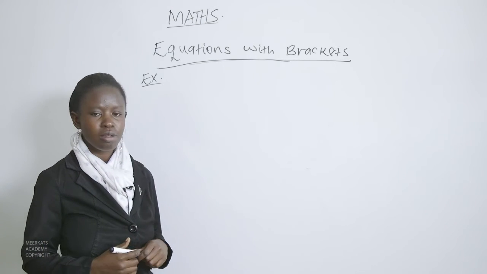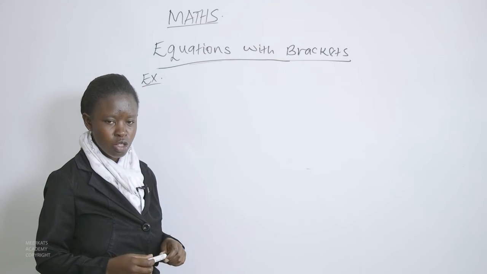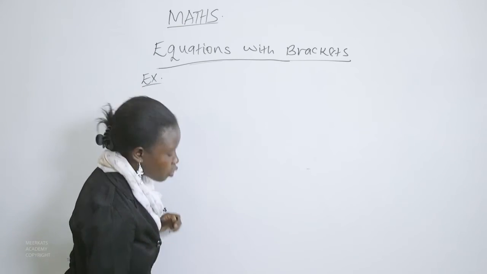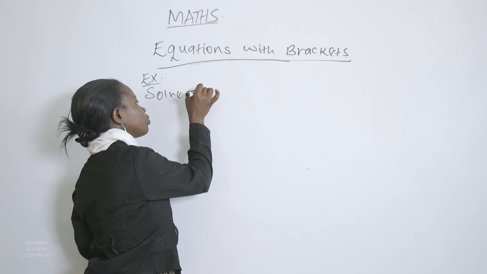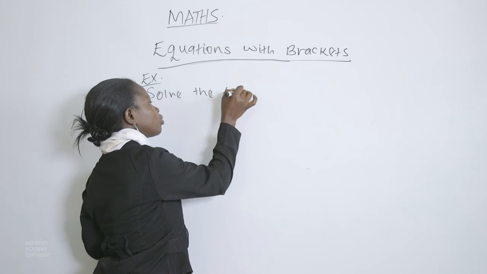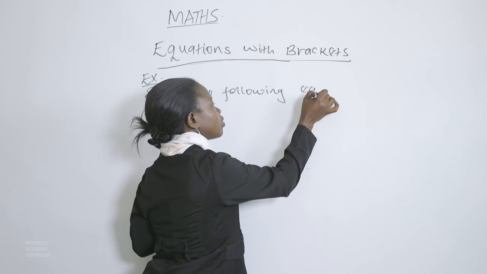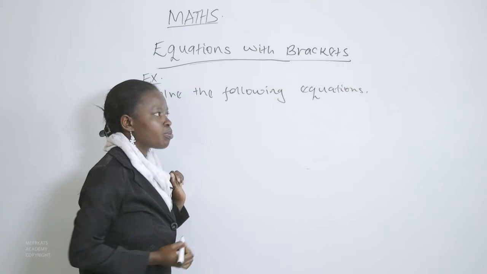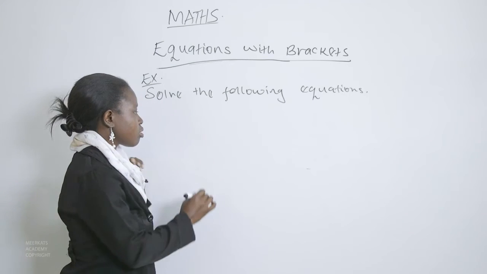So let us look at an example which is involving multiple brackets in the equation that needs to be solved. So the question is, solve the following equations. We are solving the following equations by finding the values of their pronumerals in each case.